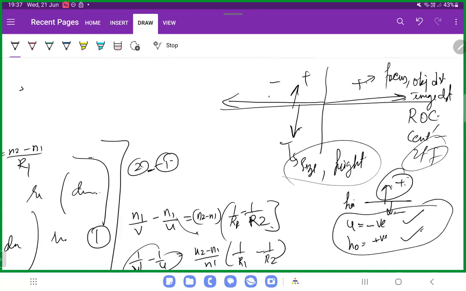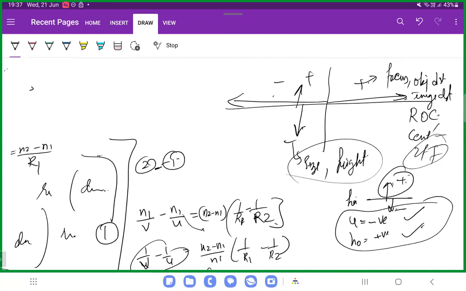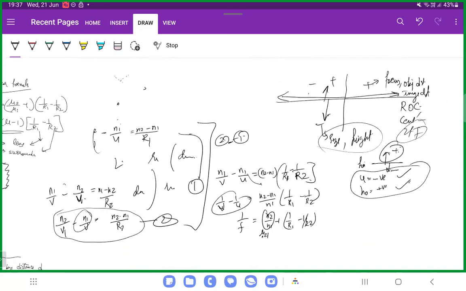Now, in some cases they will ask particularly that the object is somewhere else. Then you have to solve according to that. And in some special cases, like telescopes and all that, our object will be different, so there also we have to consider something else. We'll see that also at that time. But for now, understand this one. Is this sign convention clear to everyone? Is anyone having doubt in sign convention?